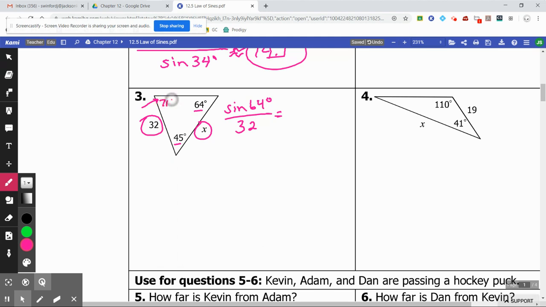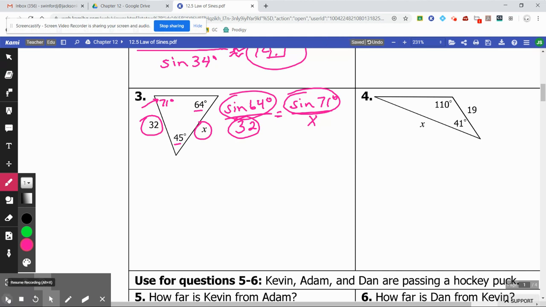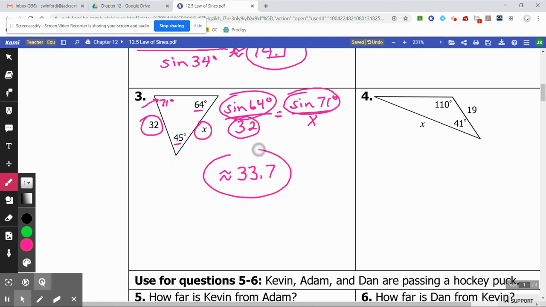That leaves you with 71 degrees. So we're going to do the sine of 71 degrees divided by x. Type this in as 32 times the sine of 71, divide that by the sine of 64, and you should get about 33.7 as your missing side length.